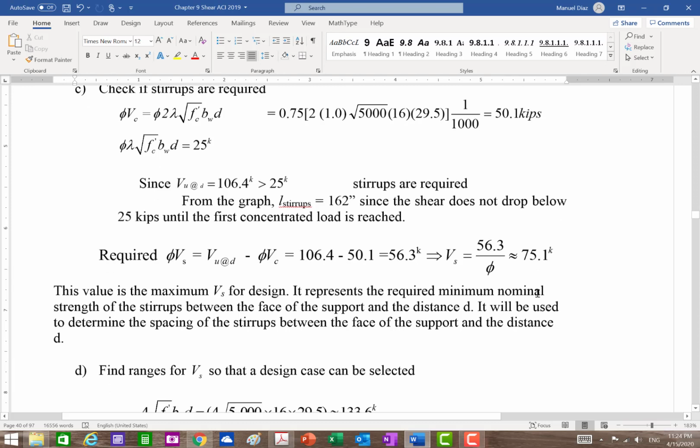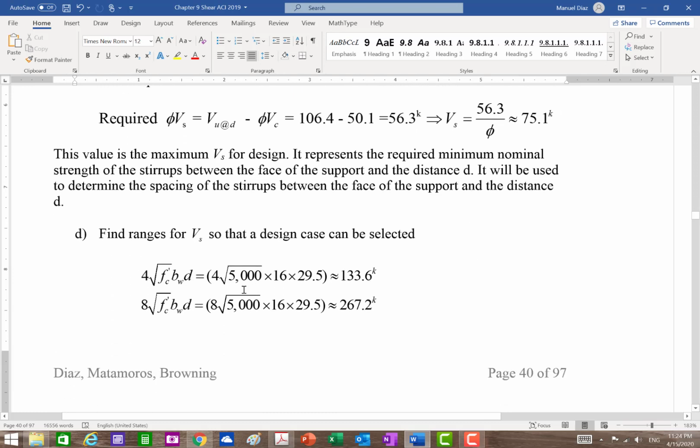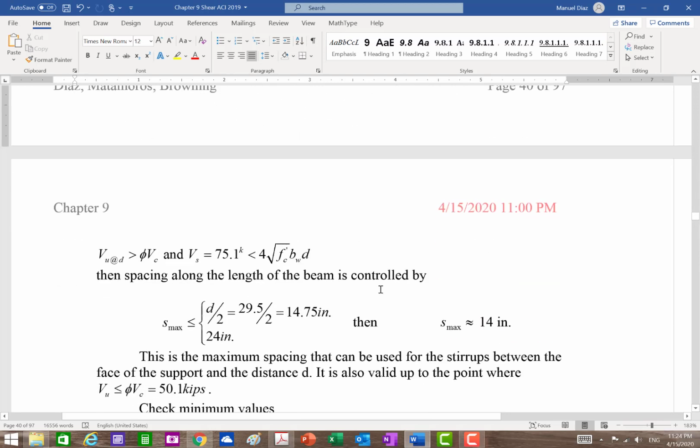So this is the V sub s that we need to use. We look at the two limits that we've been doing. We are below the first limit, so that means my spacing is d over 2 or 24, so that's 14.75, so my maximum spacing is 14. This means I cannot exceed that spacing within that distance d. I have to put my stirrups at this spacing within the distance d.